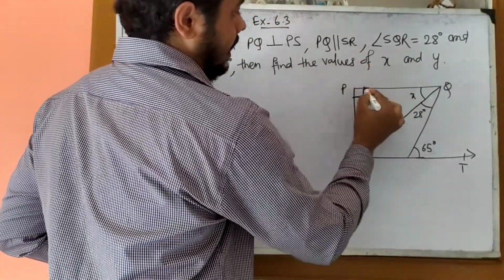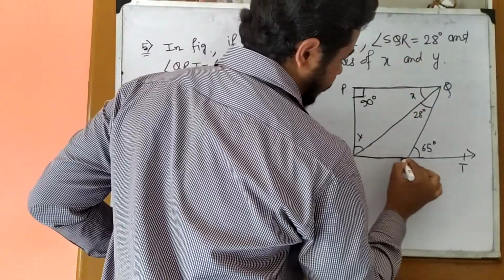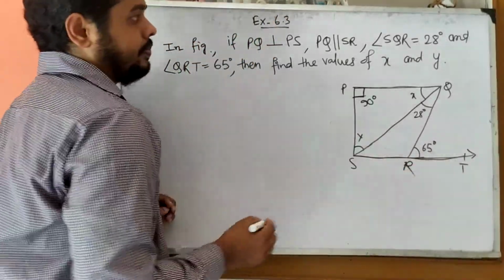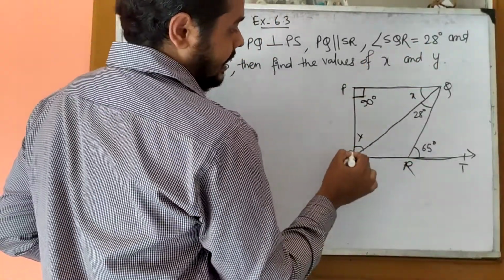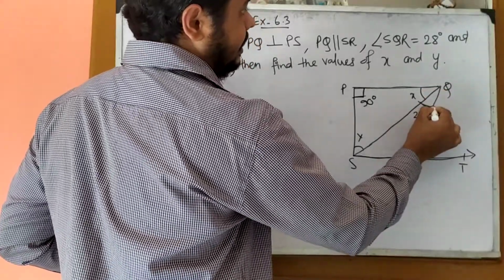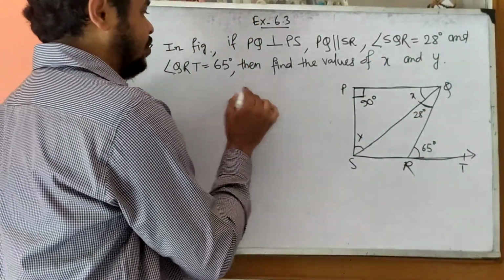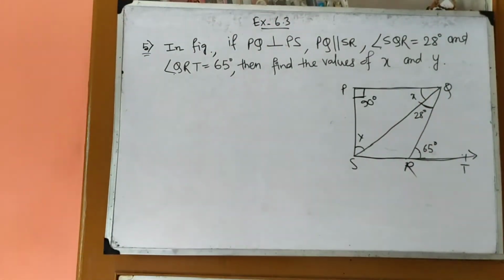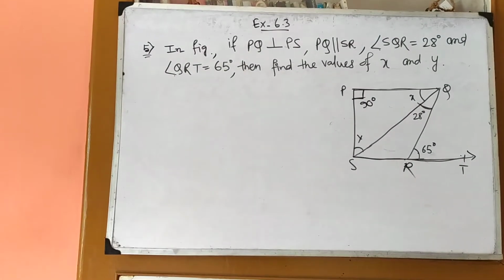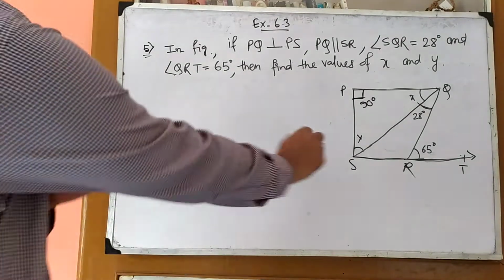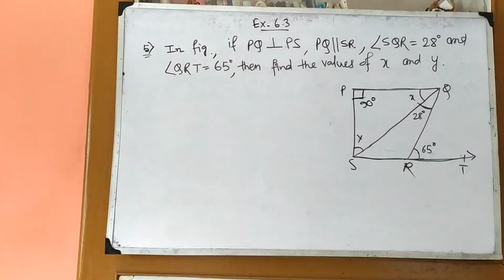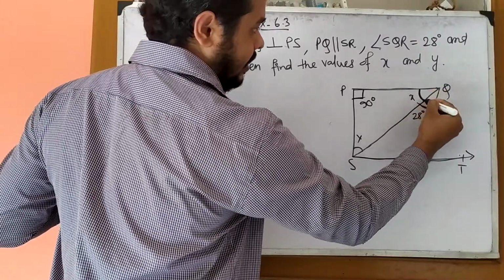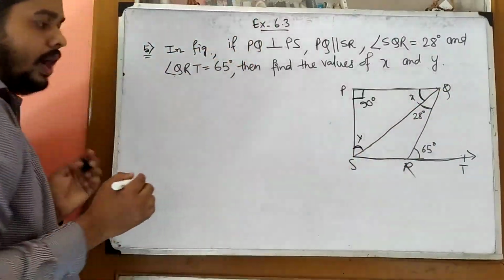Now PQ is parallel to SR. This is the point R. And angle SQR is 28 degrees, and angle QRT is 65 degrees. Find the value of x and y. This is our x and this is our y.